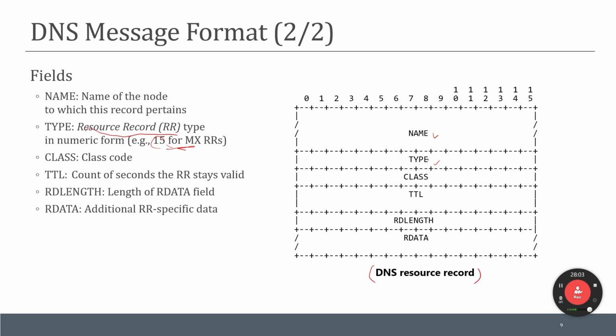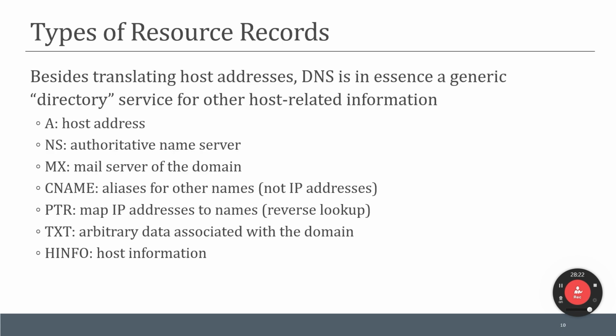So it contains the type, and class means class code, TTL, time to live, the count of seconds the RR stays valid, and length and data. So there are several types of resource records, or RR.